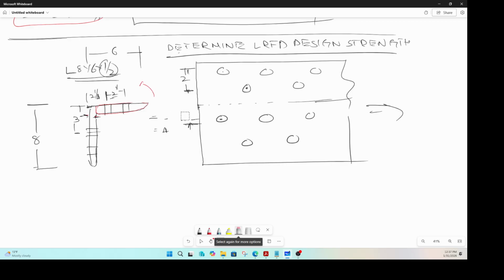I'll delete this dimension and write that from here to here is 4 and 3/4. From here to here is 3 inch. Now we know all the gauge distances along this direction.